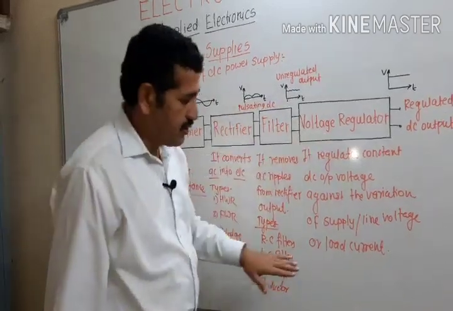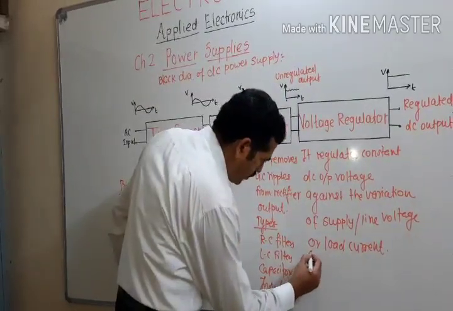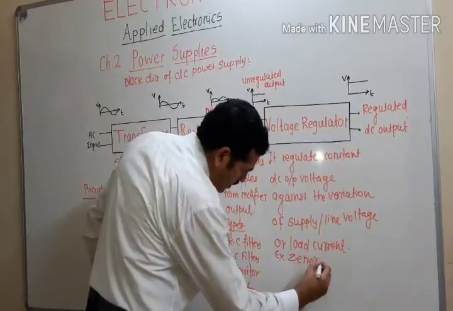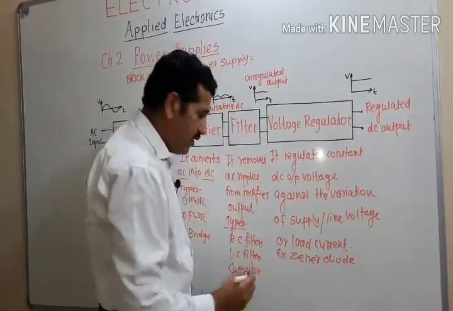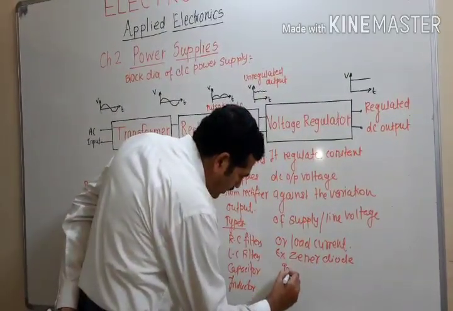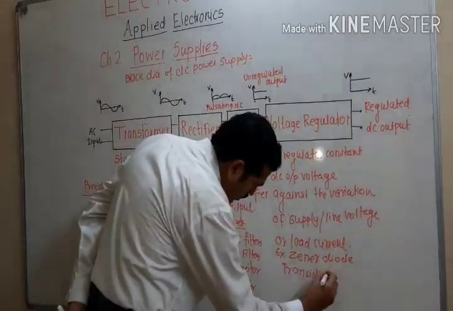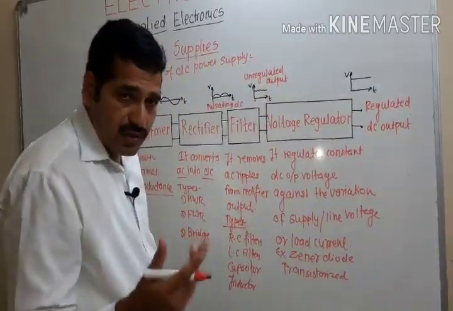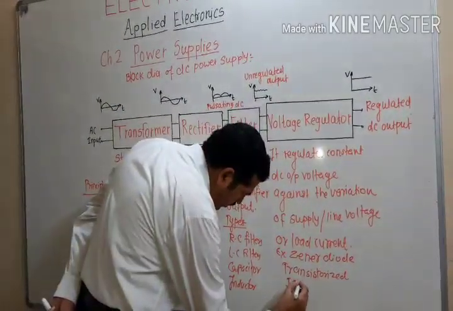In voltage regulator there are some examples. Which are those? First is Zener as a voltage regulator. Zener means Zener diode. Then transistorized voltage regulator, also with current limiting techniques. Then IC regulators.